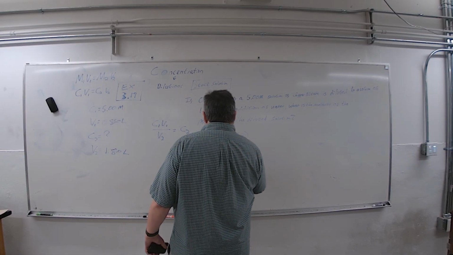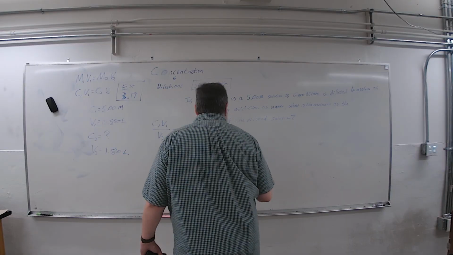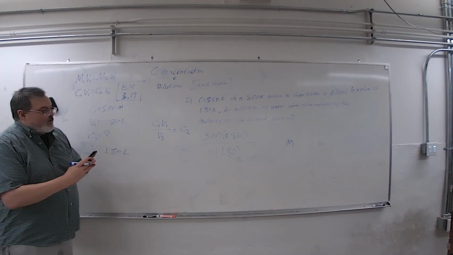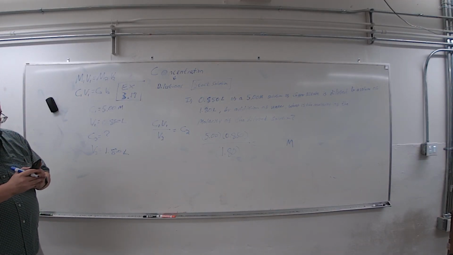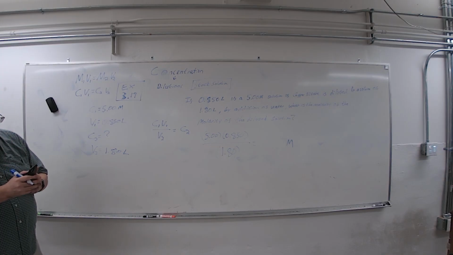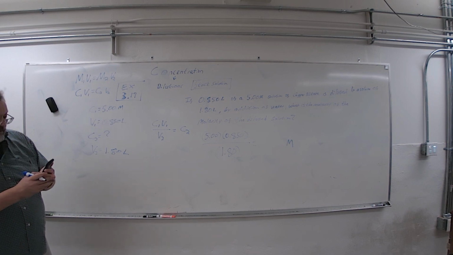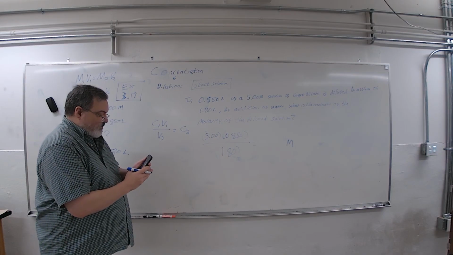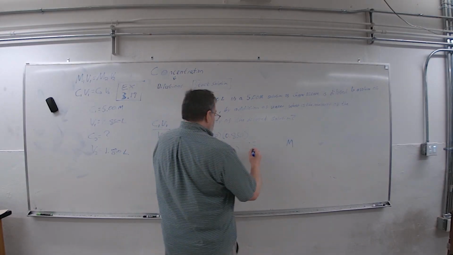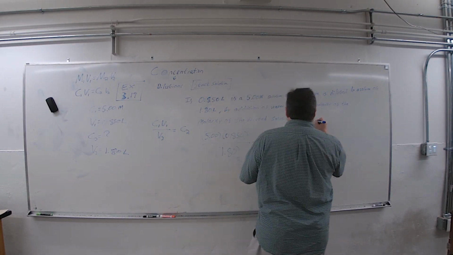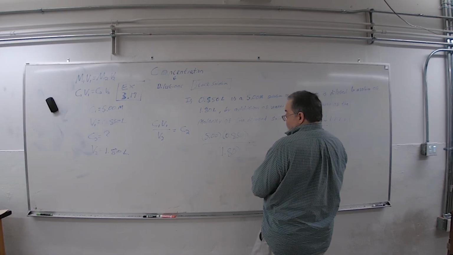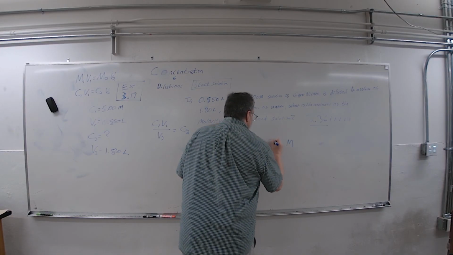V2 is 1.80. And we're going to end up in molarity for the concentration. 5.00 times 0.850 divided by 1.80. I got 2.361111. We're keeping three significant figures. So it ends up being 2.36.